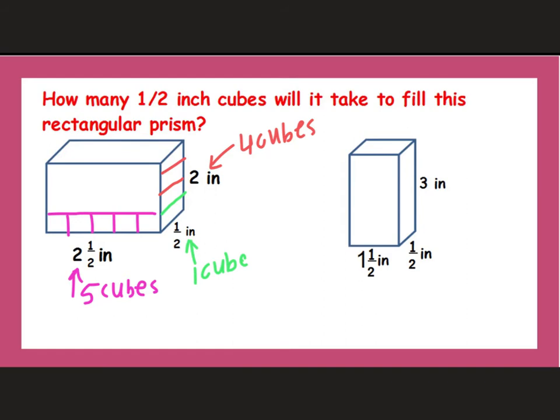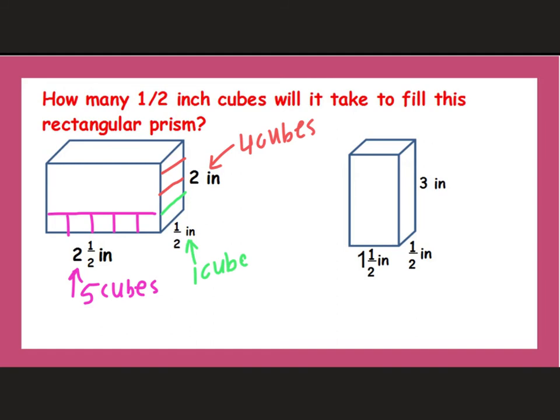And here's what I mean. When we have 2.5 inches, double that, we can fit 5 cubes. When we have 1/2 inch, double that, we can fit 1 cube inside that. If I have 2 whole inches, I can fit 4 cubes inside that. So what we're going to do, again, is still working with volume.